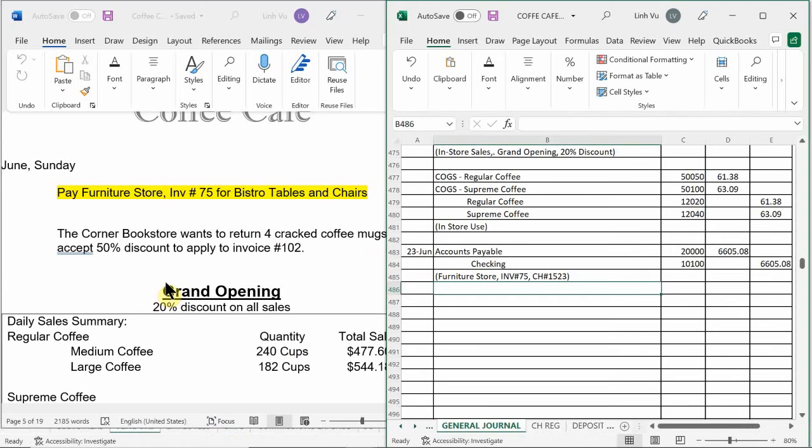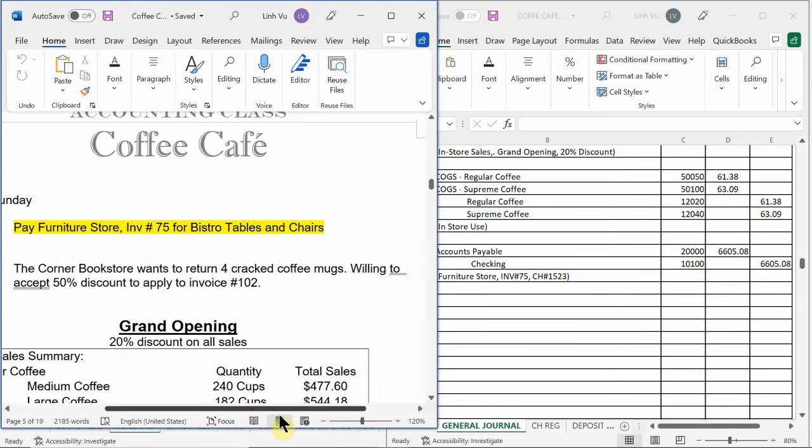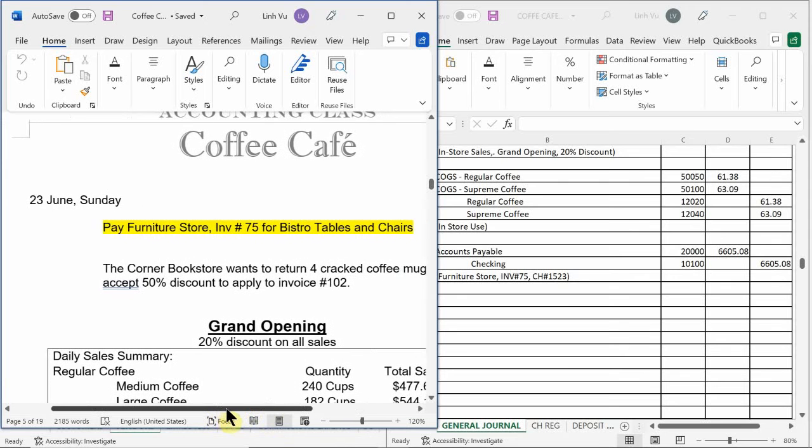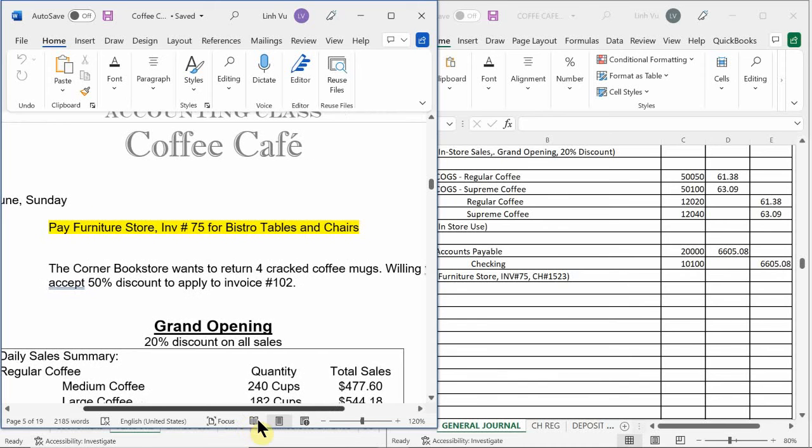Let's see what happened next. The corner bookstore wants to return 4 cracked coffee mugs and is willing to accept a 50% discount to be applied on his invoice 102. Albert did it again. He delivered to the corner bookstore, and the corner bookstore found 4 cracked coffee mugs.